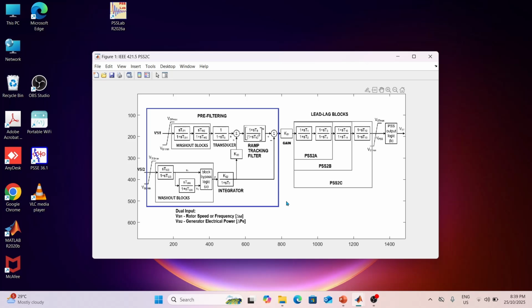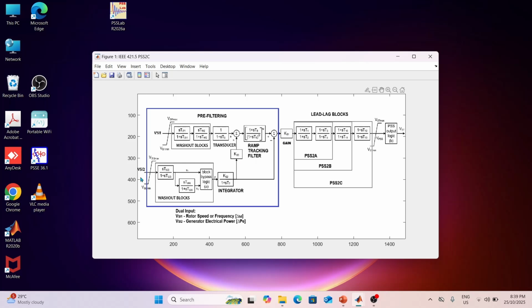It has two separate inputs, VSI1 for the rotor speed or frequency and VSI2 for the generator electrical power. The first signal of rotor speed passes through the low-pass filters in so-called washout blocks, then transducer, and then through ramp tracking filter.